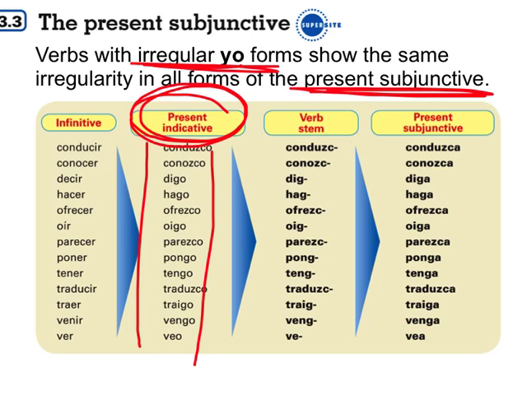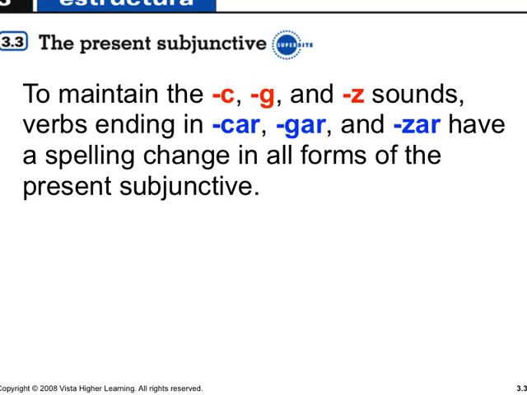That stem is going to be used in the subjunctive, and that stem is going to be used in every single person of the present subjunctive.